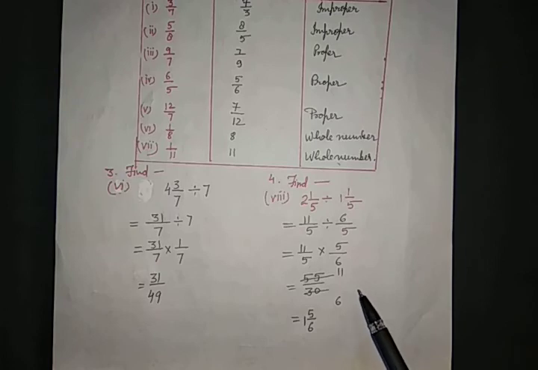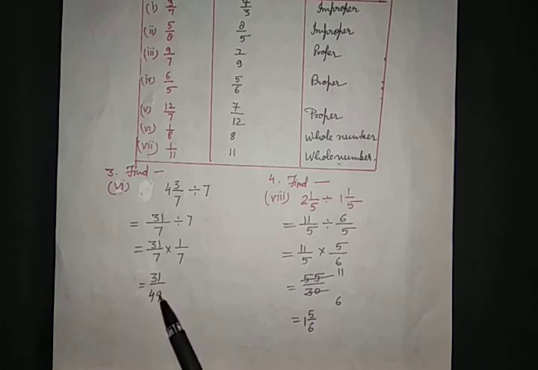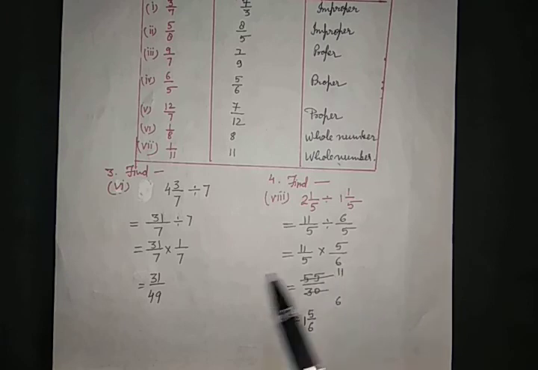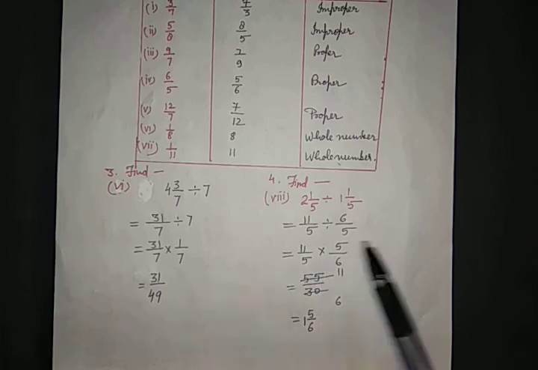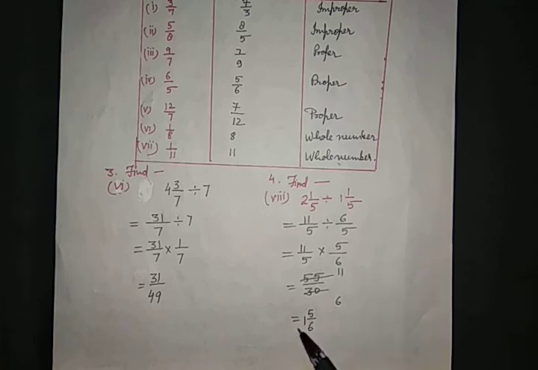So you will not leave your answer like this only. What we have to do? We have to convert 11 upon 6 into a mixed fraction. Here we have not converted before, but here we will convert, because 11 upon 6 is an improper fraction, and 31 upon 49 is a proper fraction. So here only we will convert the fraction into a mixed fraction.